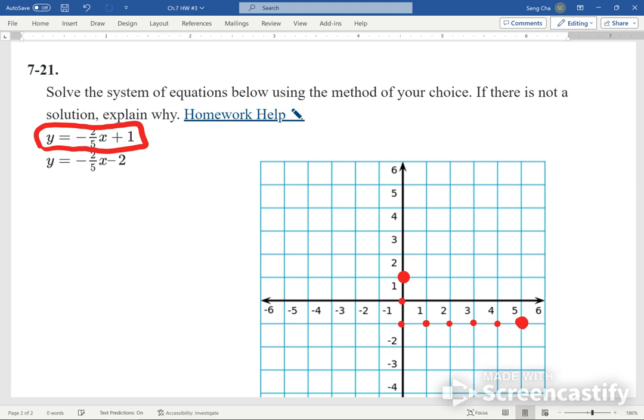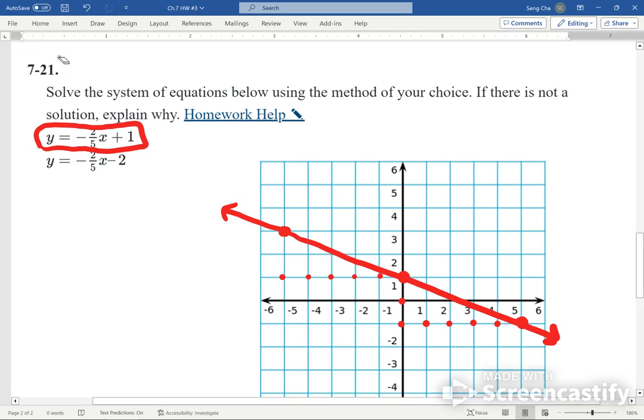And that's our point. We're going to do the same thing: left 5 and up 2. So this will be our line right here. If we were to graph it, it would look something like this. Actually, we wouldn't even have those dots. It just looks something like this.